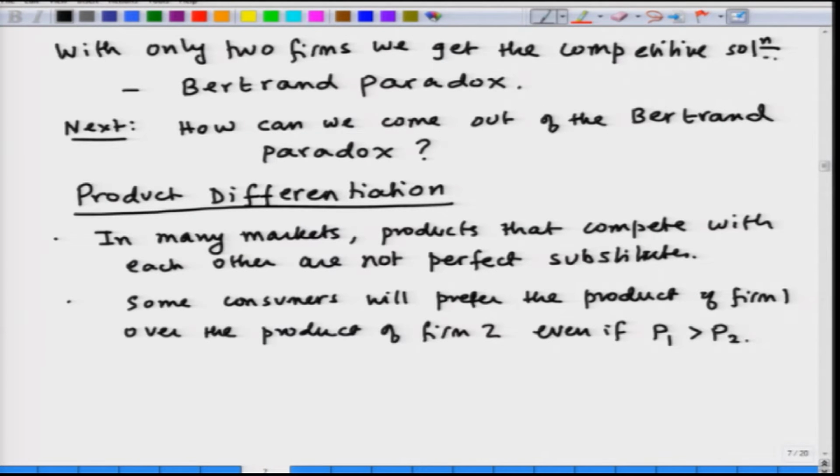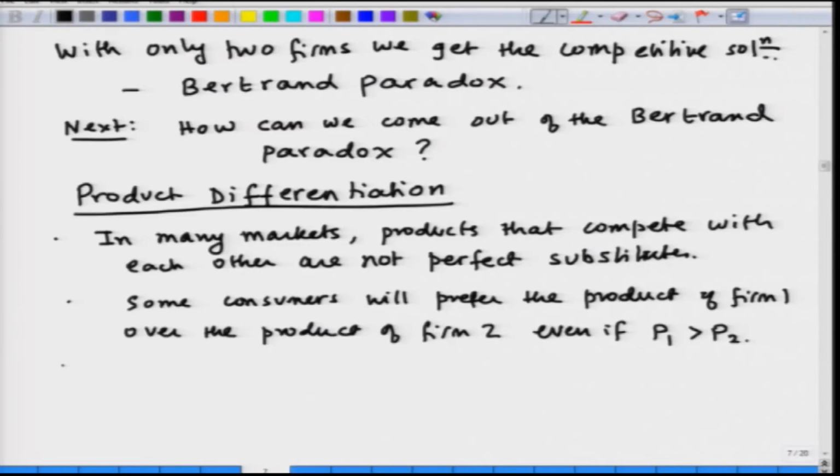We would however expect that as firm 1 raises its price, the quantity demanded would fall and consumers would move and substitute towards firm 2's product, right. So, even if firm 1's price is greater than firm 2's price, there might be some consumers who would still prefer firm 1's product over firm 2's product, but as firm 1's price keeps on increasing, gradually some consumers will shift from firm 1 to consuming firm 2's product.